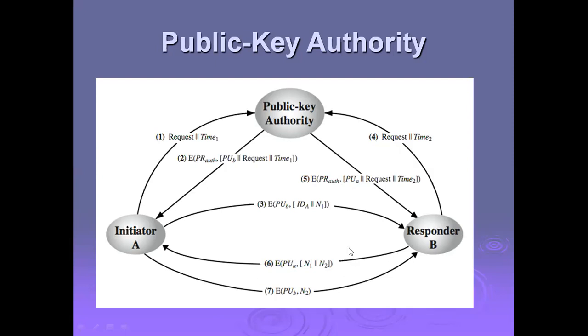That is the public key authority, and how it gives access and authorization to both the initiator and the responder. Only after getting this from the public key authority do the initiator and responder get the message and exchange data mutually.